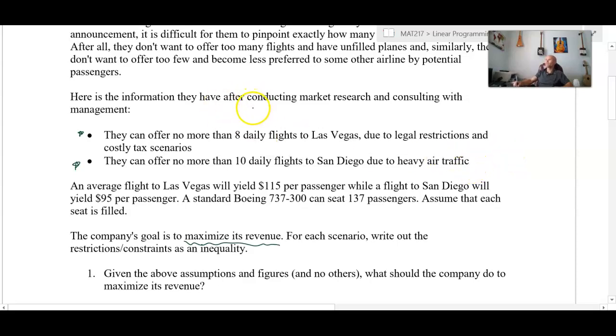So let's define X to be the number of flights that we're going to send to Las Vegas. We also need to know how many flights are we going to send to San Diego. So we'll define that to be Y for easy reference. And here we're given a couple of constraints, and so we're going to write those out.